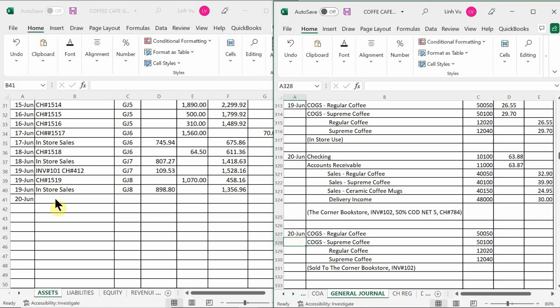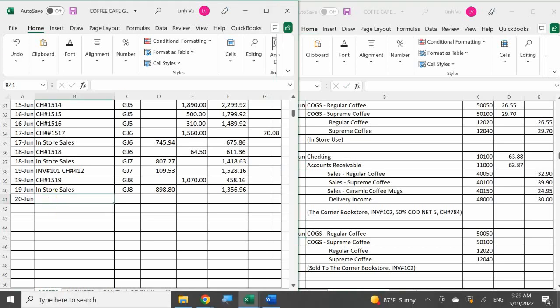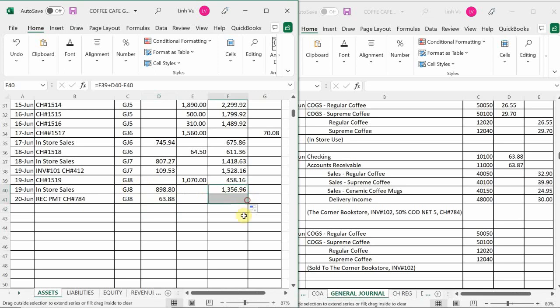Okay. 620, right? What did we do? We received payment, check number 784. Still on page 8. So I should have increased my checking account by $63.88. Okay? Which will only increase your checking account by up to $14.20.84.